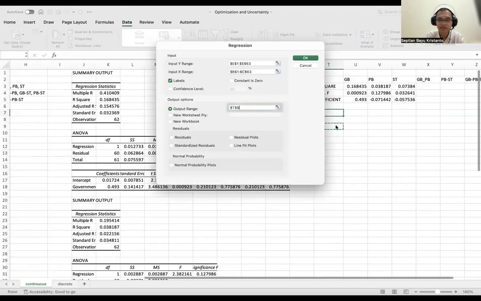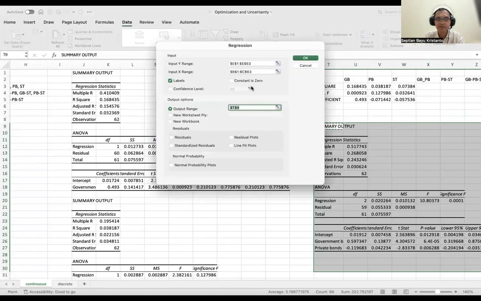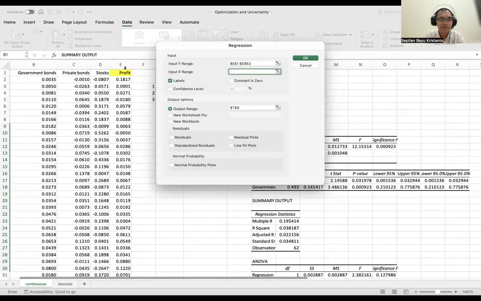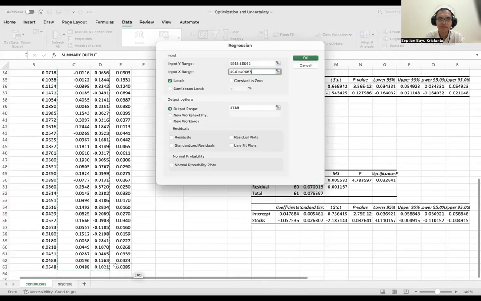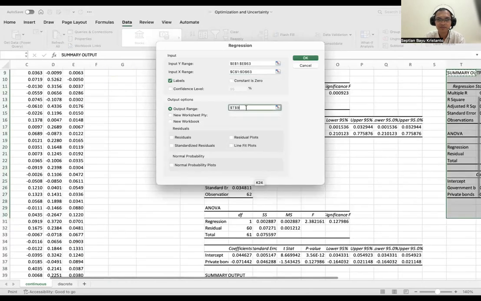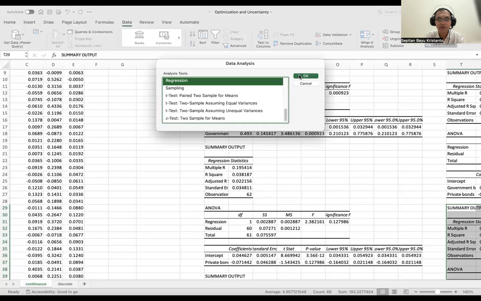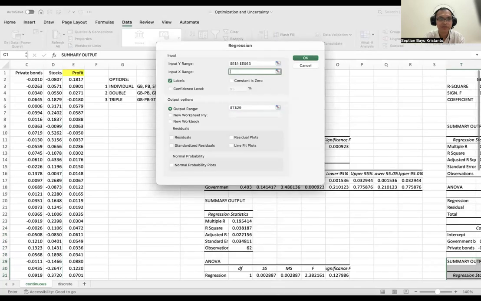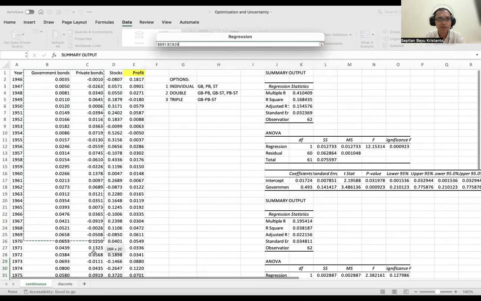The next one is private bonds and stock. And the last one is combining all of the variables: government bonds, private bonds, and stock.